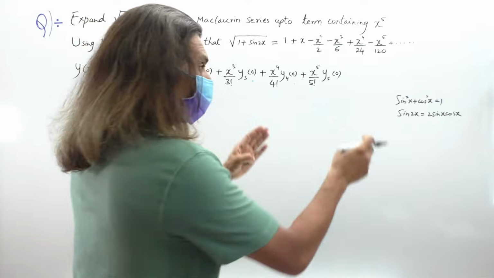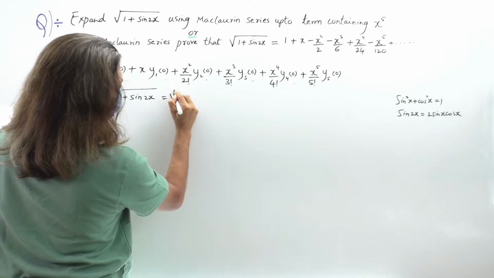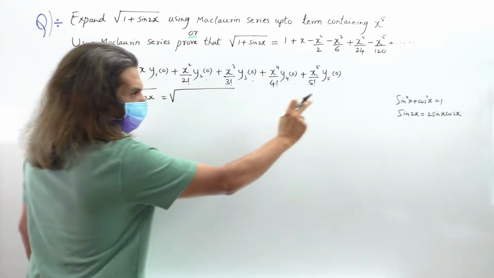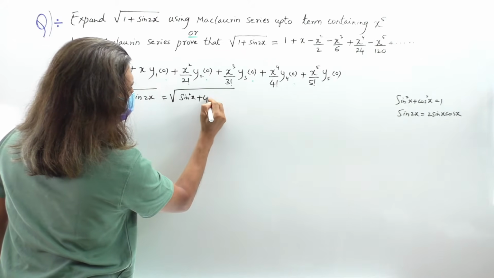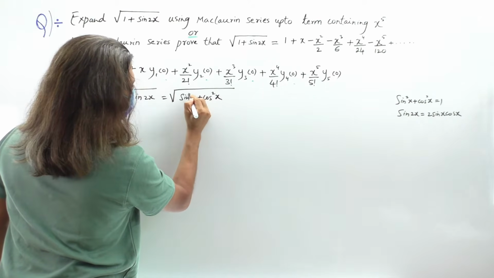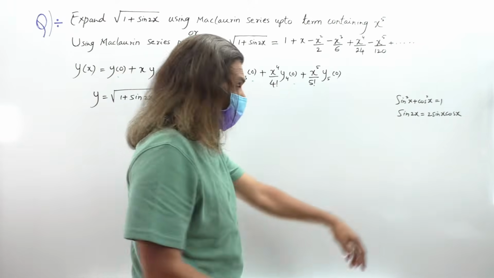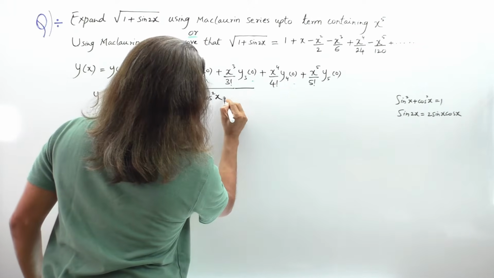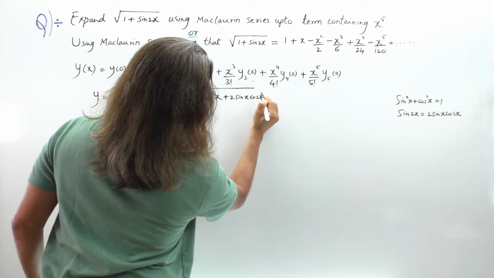Now I will put them here and see what happens. This will be root of, I write 1 as sin square x plus cos square x, and sin 2x I write as plus 2 sin x into cos x.